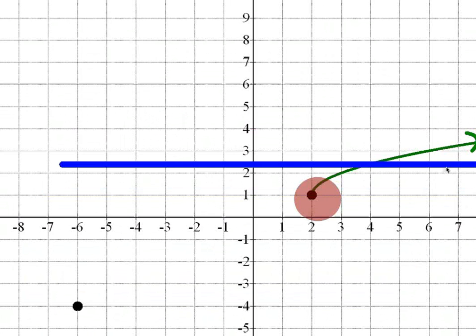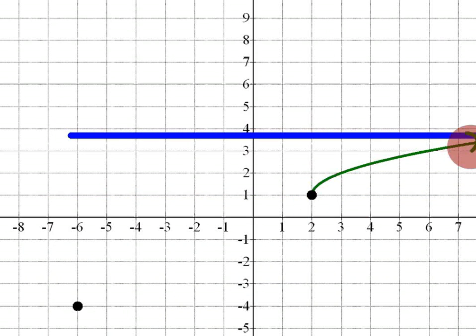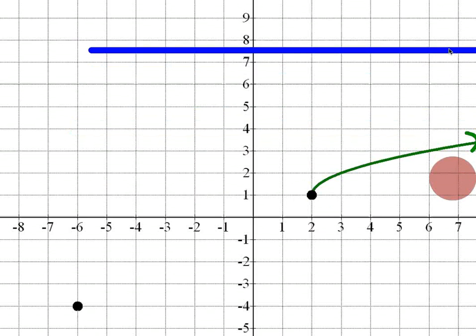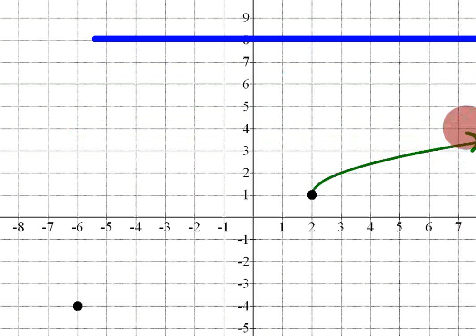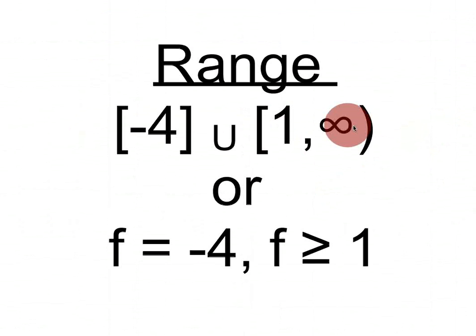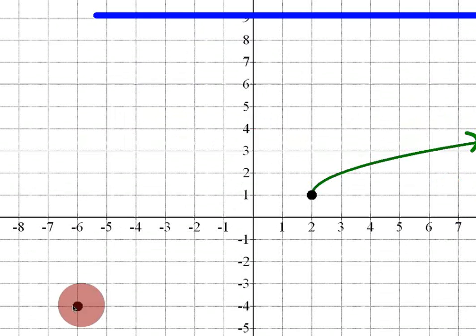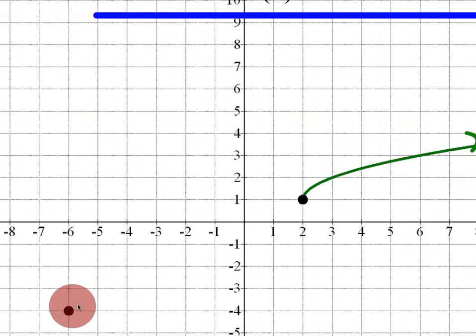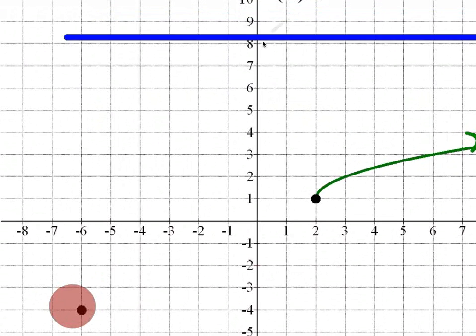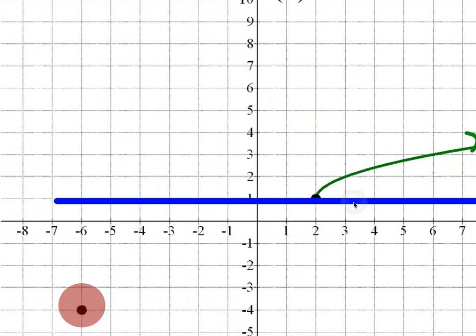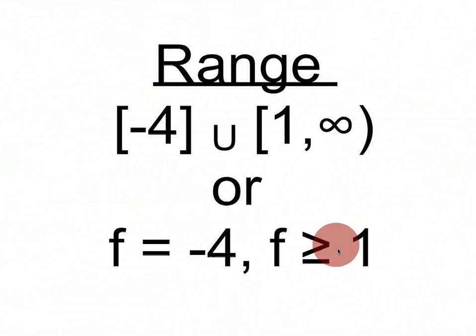If we keep scanning all the way up, because of this arrow right here, this graph is going to grow and grow, so no matter how high we pull up our horizontal line, it will eventually intersect, and it'll do that forever. Therefore we write comma infinity, parenthesis around infinity. The other way to write this is f equals -4, or we can say f is greater than or equal to 1.